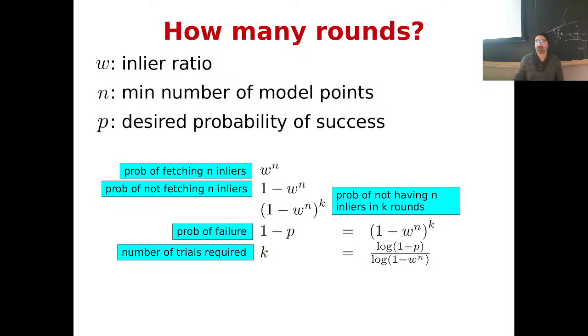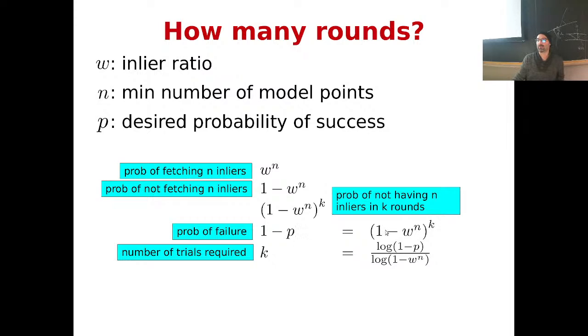Yes? And so, what is the probability then of failure? Given that we want to have p as the probability of success after k iterations, 1 minus p will be the probability of failure after k iterations. Right? And then, by equating this probability of failure with this probability of failure, which is the same, we could extract k.